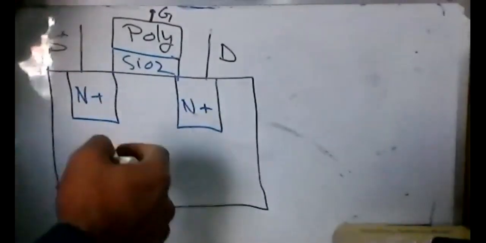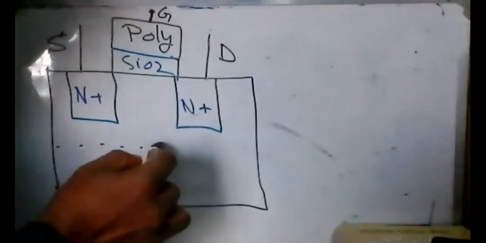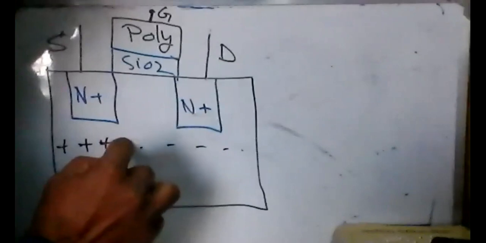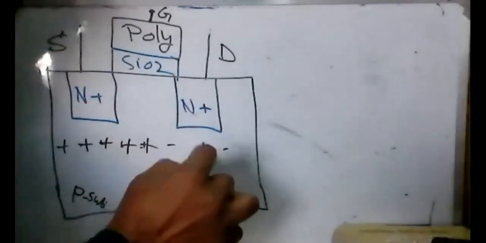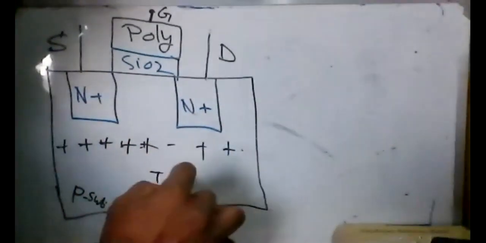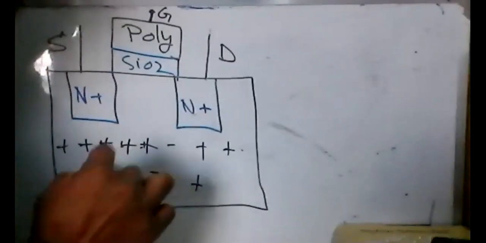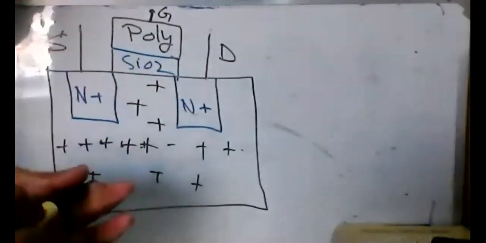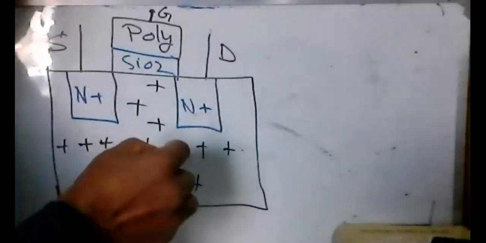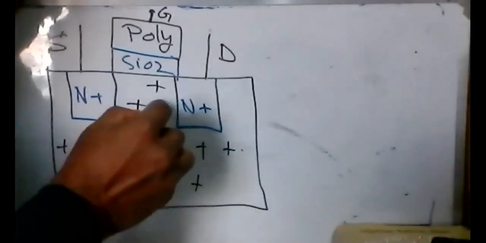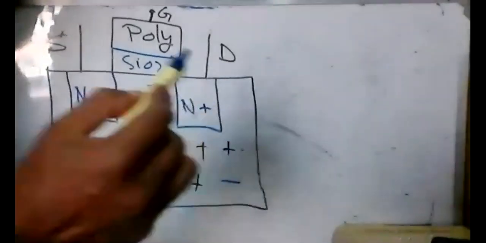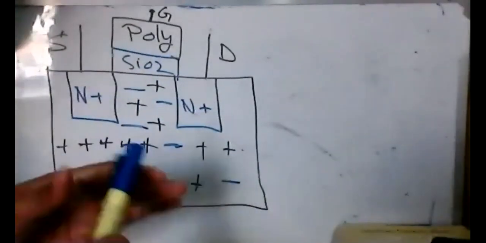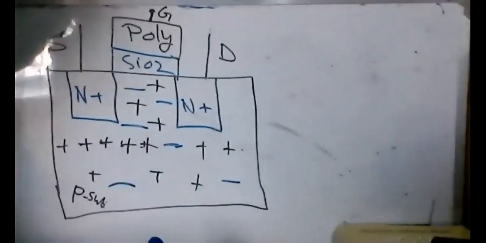When it is a P substrate, that means there are lots of plus, lots of holes, and there are a few electrons. This is a characteristic of P substrate.